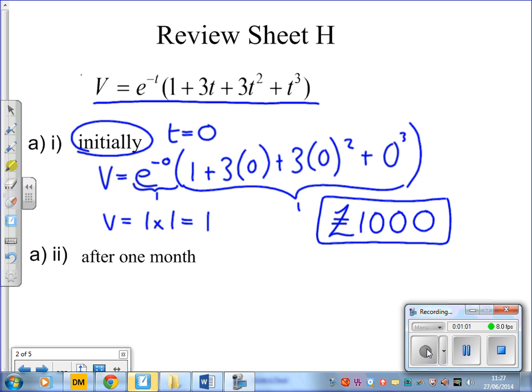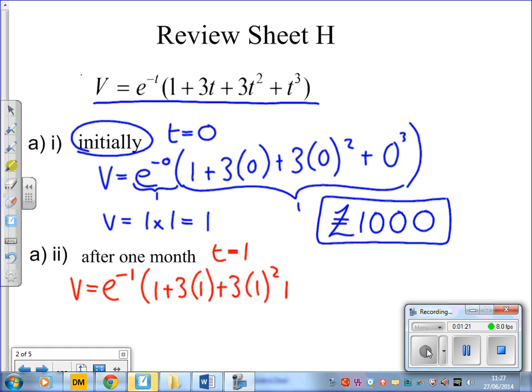In the second part, it wants to know after 1 month. So this time the substitution we're making is t equals 1. Put it in exactly the same way, and use your calculator to find the answer.